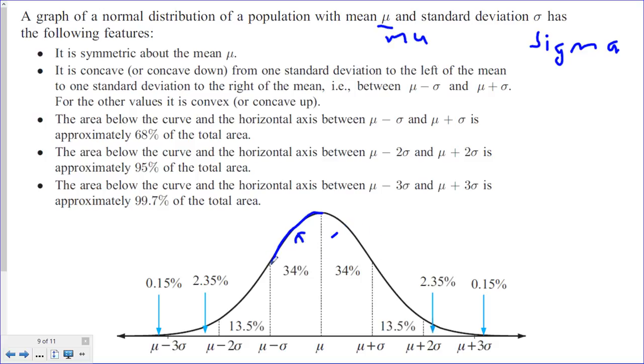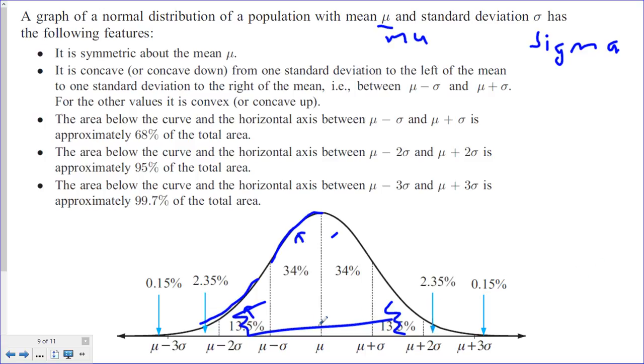For the other values, down to the lower values here, that's convex. If we're looking from here again, that's bending away from us. And again with the upper values, that's bending away from us up there. The area below the curve and above the horizontal axis between two standard deviations above and below the mean, so this area in here, is approximately 95%.